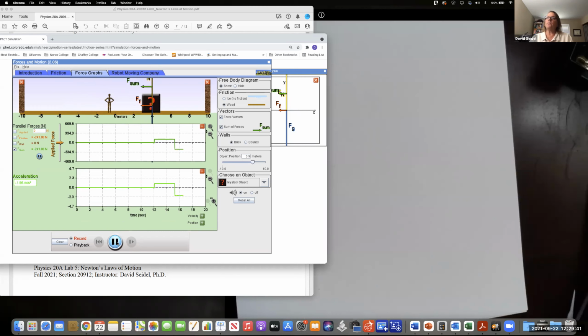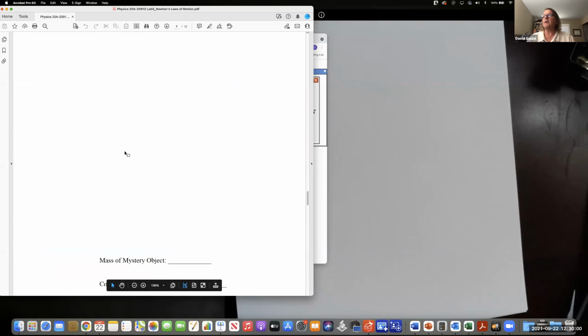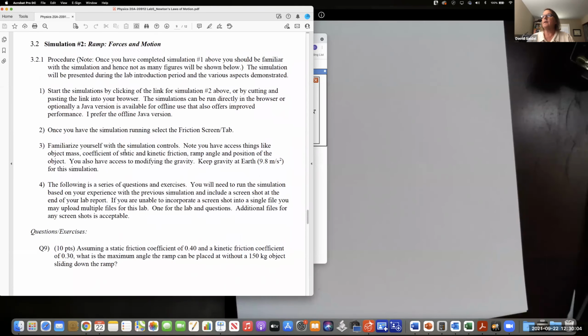But basically, when you're doing this, you want to find the point. You also show what the zero sum is. So by just watching the acceleration graph, I can determine the force required to move it, which gives me a measure of my static friction. That's just a mystery object. You've got to go figure out the coefficient and the mass.